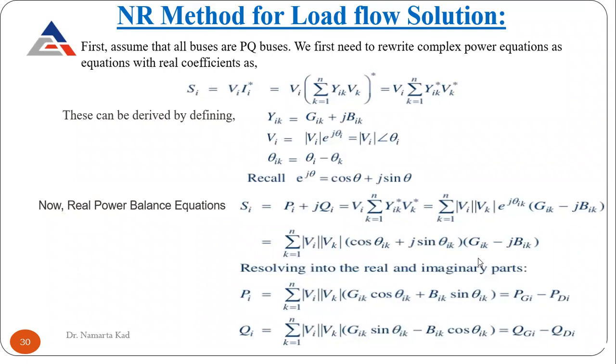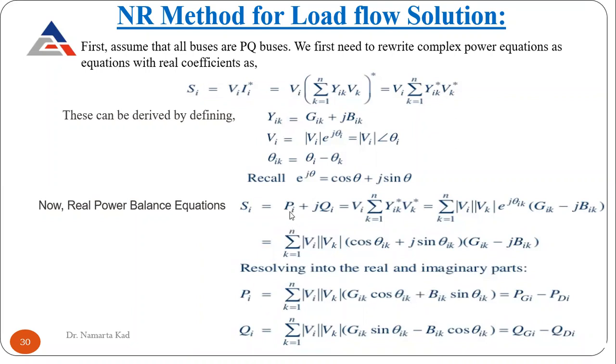Okay, like this. And further, it can be written as Vi, Vk, this e^(j theta ik). So this can be written as cos of theta ik plus j sine theta ik into G minus jB. Okay. Now separating them into the real and imaginary parts.